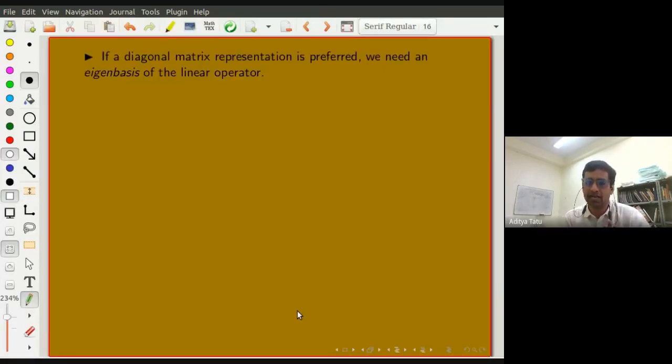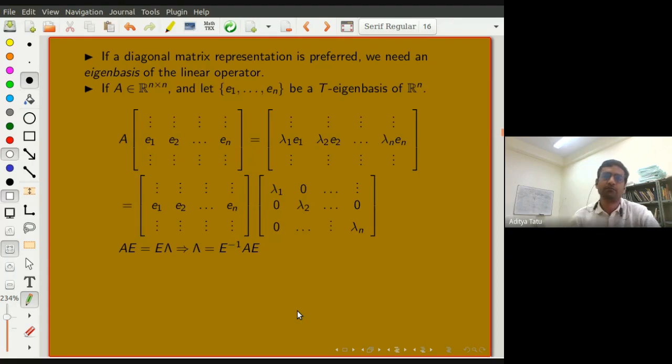So if a diagonal matrix representation is preferred, we need what is called an eigenbasis of the linear operator. What I mean by eigenbasis is that the basis of the vector space is such that every vector of my basis is an eigenvector of the given linear operator. Let's say A is an n by n matrix, which could represent the linear transformation in any other basis as well.